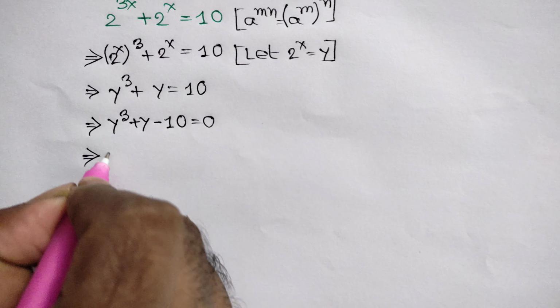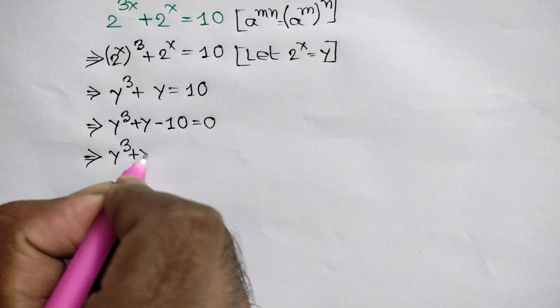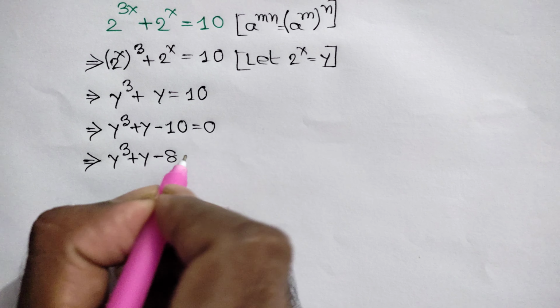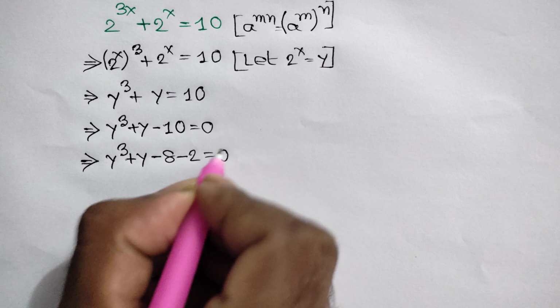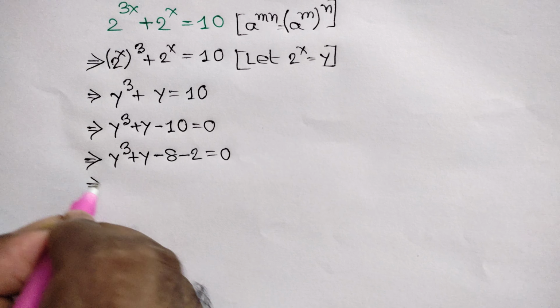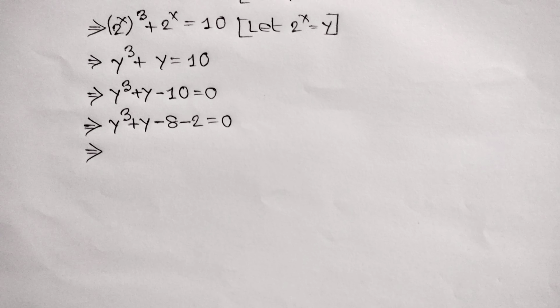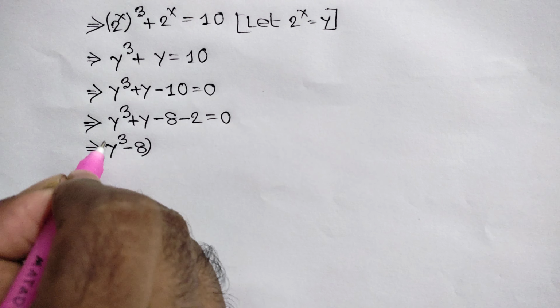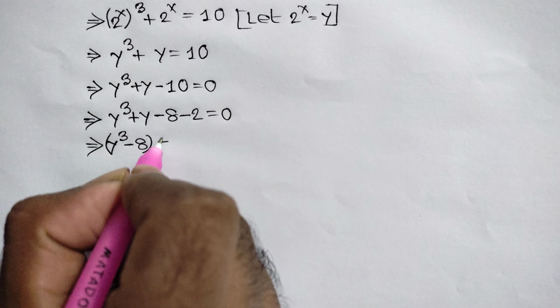Now this negative 10 can be written as negative 8 and negative 2. Rearranging the left side, we can write y cube minus 8 plus y minus 2 is equal to 0.